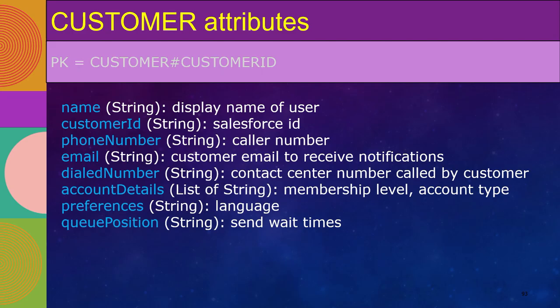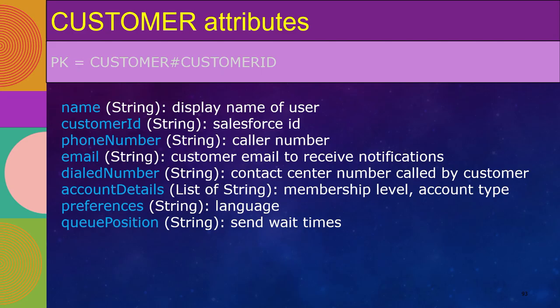And then we have things like preferences. I just put language here temporarily, but a user can specify preferences. And then there's a queue position. If the queue position is not optimal, I could send the wait times.